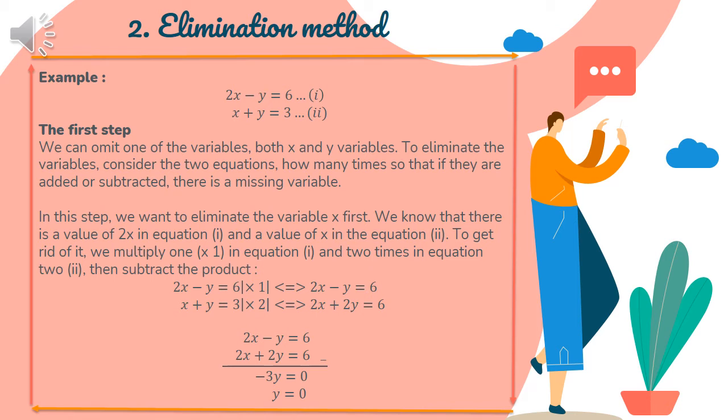X plus y equals 3, multiply 2, produces 2x plus 2y equals 6. 2x minus y equals 6, reduced by 2x plus 2y equals 6, produces negative 3y equals 0, y equals 0.